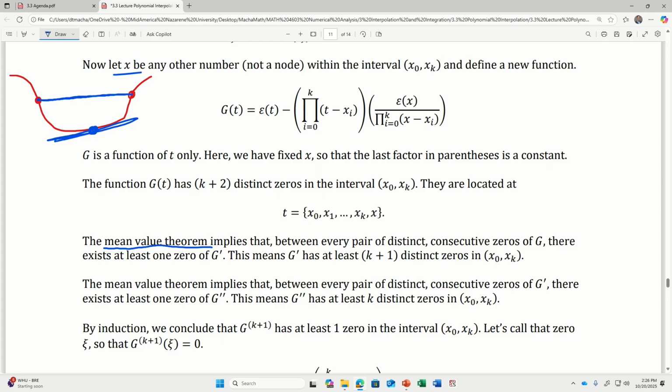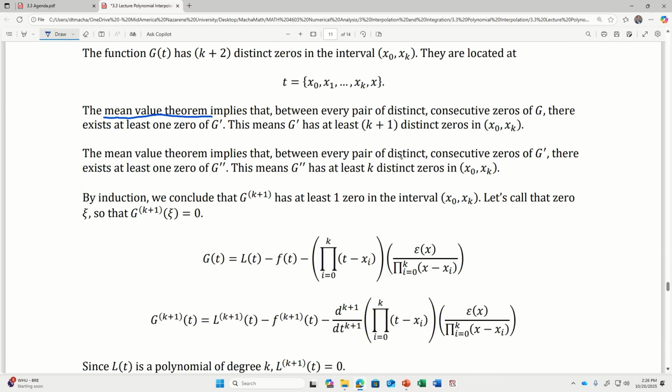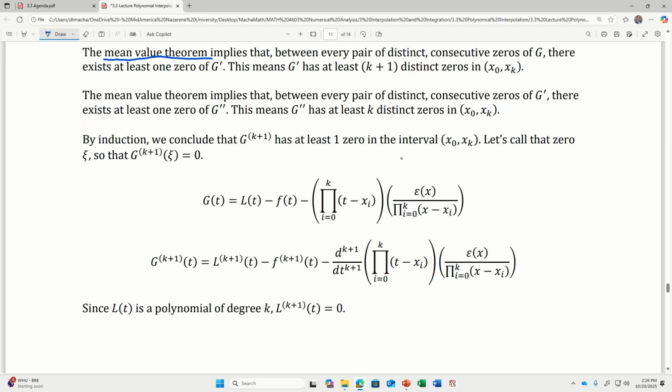We can use the mean value theorem again to say that if g prime has k plus 1 distinct zeros, then g double prime has k distinct zeros, because g double prime must have a 0 in between all of the zeros of g prime. Okay? So, here's the zeros of g.